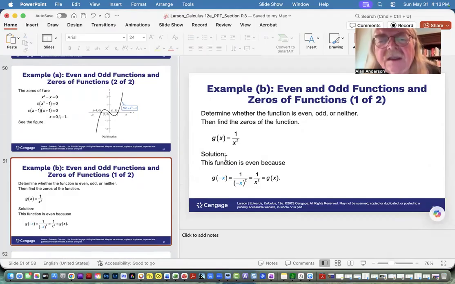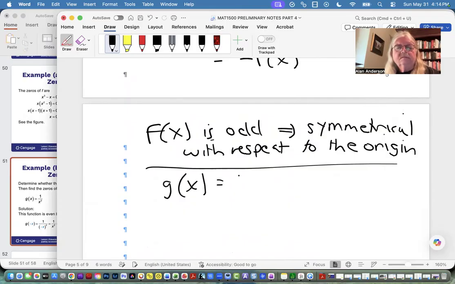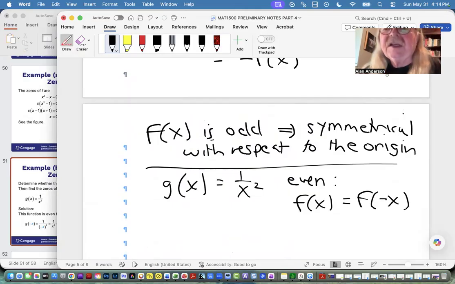Now, this one, well, I guess they've already let the cat out of the bag. It's even. G of x is 1 over x squared. So remember, even means f of x equals f of negative x.